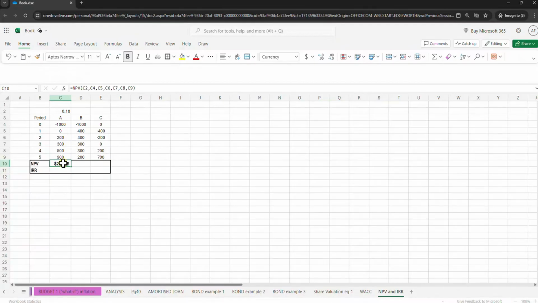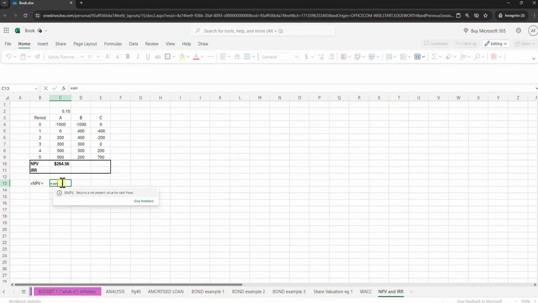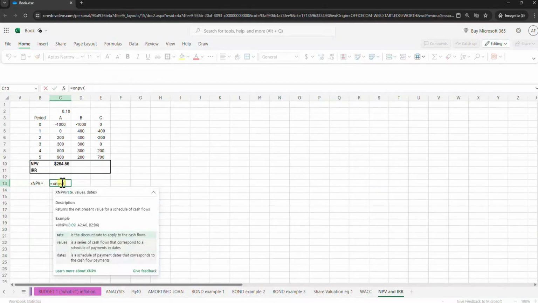Change. Let's try the NPV with the other one. We should check this on the calculator actually. 0.10, comma. All right, values, values, values is a series of cash flows that correspond to a schedule of payments in dates. Dates is a schedule of payment dates that correspond to the cash flow.